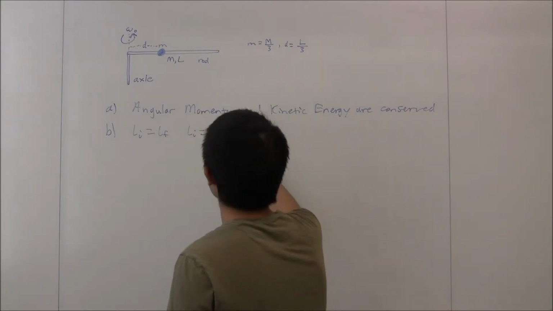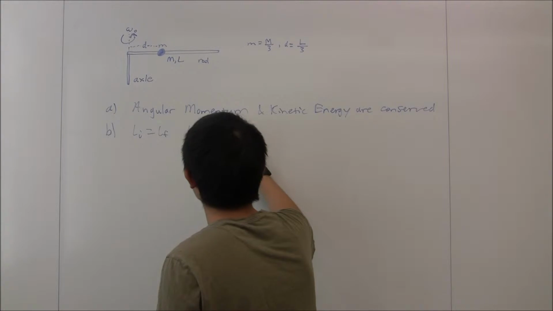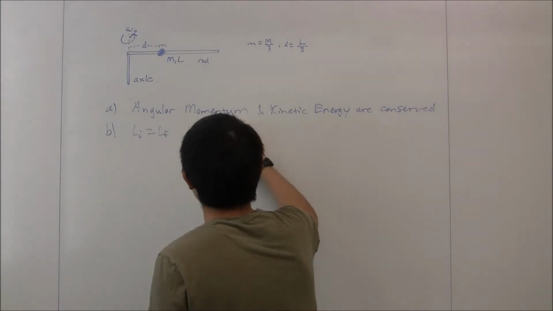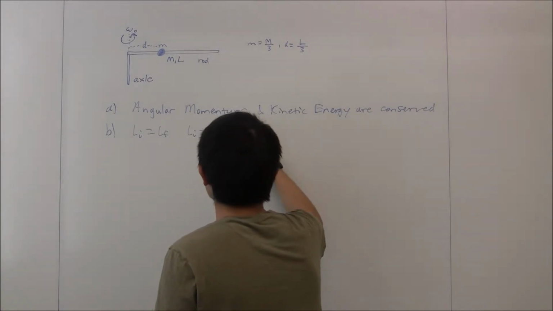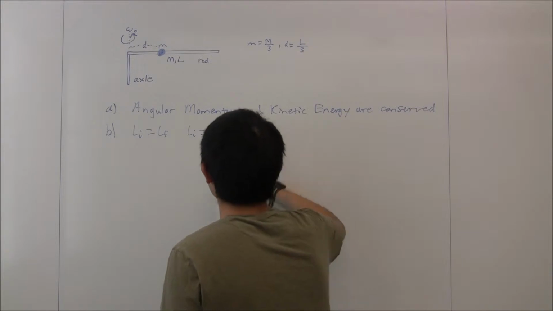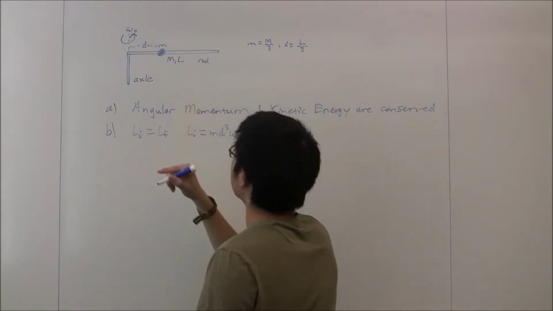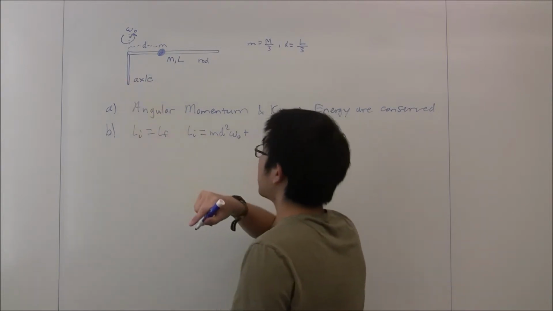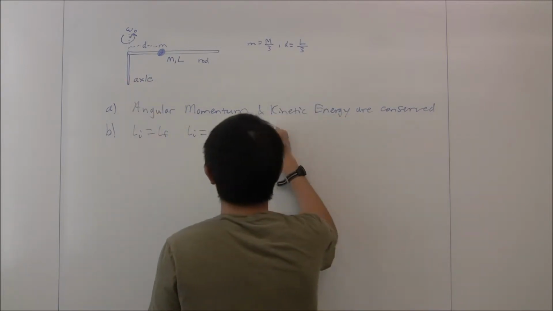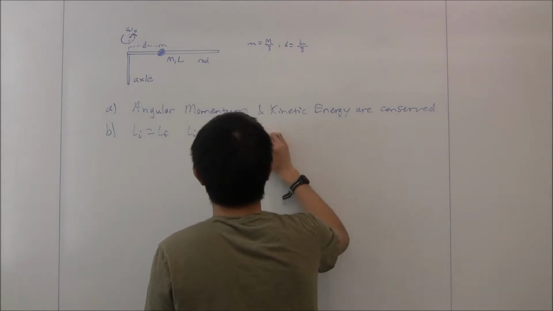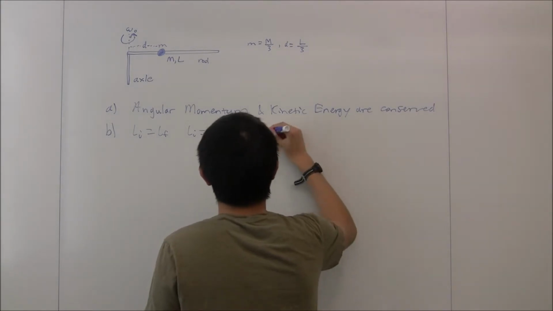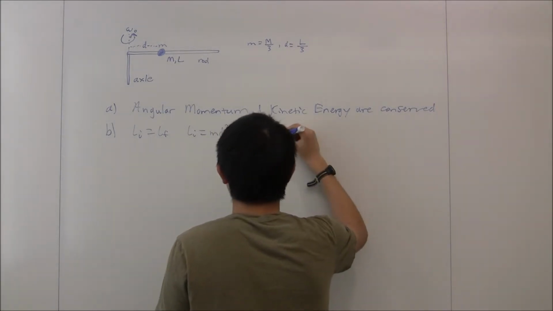So for the bead, the moment of inertia is just little m times d squared, and angular velocity is omega naught. Now for a uniform rod that is rotated about its endpoint, the moment of inertia is going to be given by 1/3 big M big L squared times omega naught.